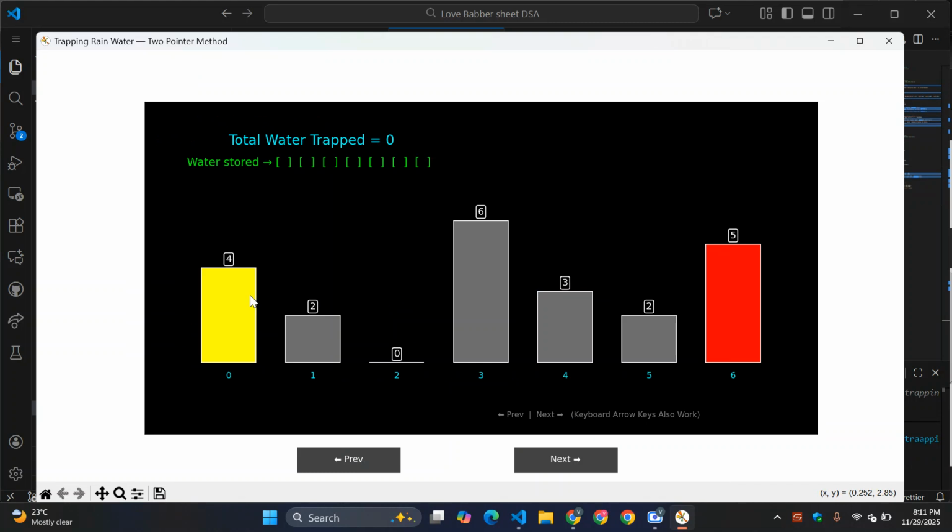Here, instead of storing the maximum value from left and the maximum value from right, let's take a scenario where we don't know, we have only one building, the maximum building. So consider this as our maximum building.